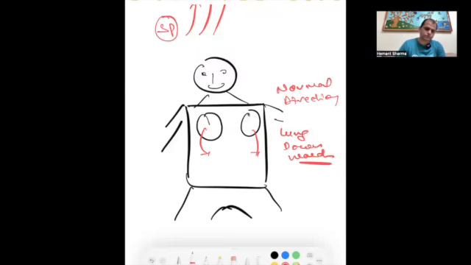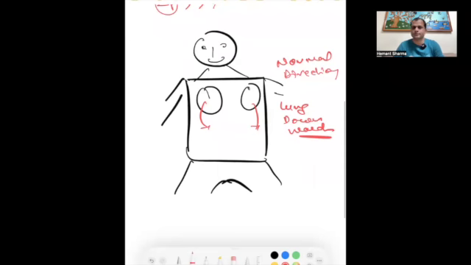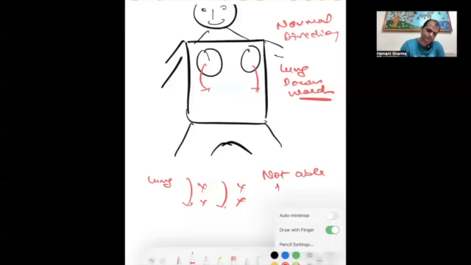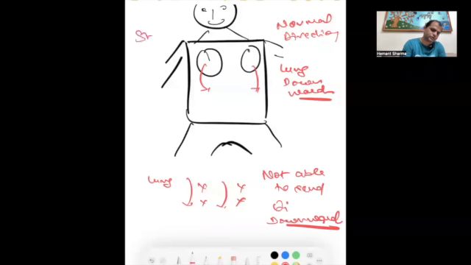But suppose there is a problem with the lungs, maybe an infection, and the lung is not able to send the chi downward. Then the person suffers with shortness of breath or disharmony of the lung.